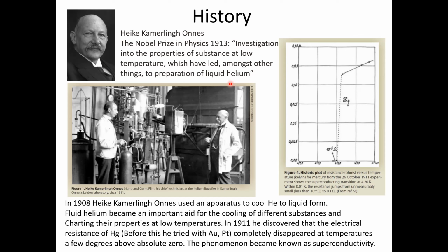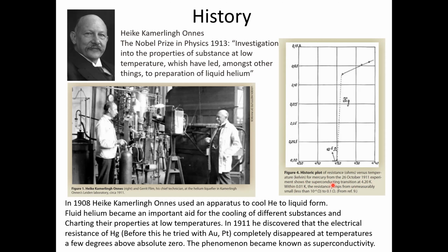So he cooled many metals like gold, platinum, and later he cooled mercury, and then he measured the resistance. Okay, resistance versus temperature. So this is how he did the experiment in October 1911.